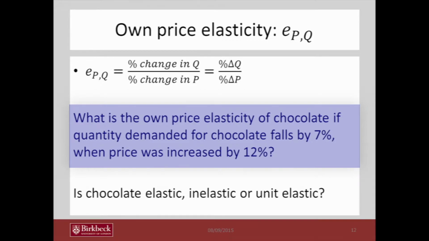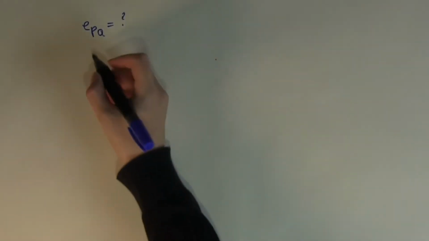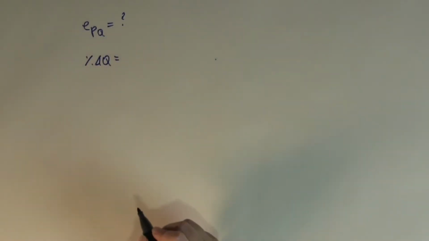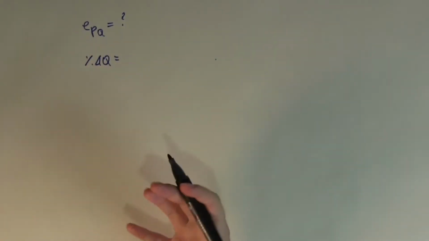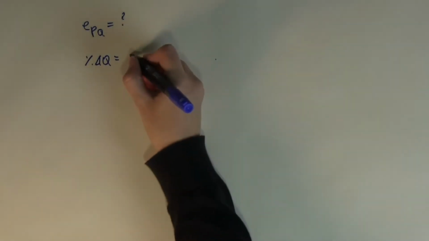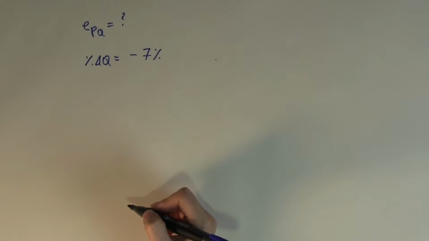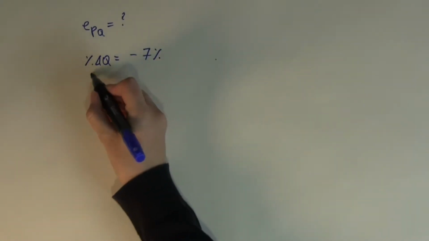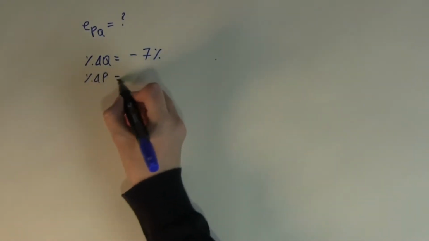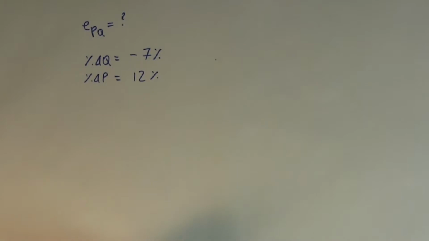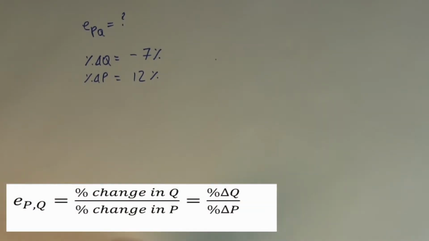So quantity demanded, that is the percentage change in quantity, and it falls or decreases, a negative change, so we have -7% in the percentage change of demand. And when the price changed, the price was increased, so it will be a positive change, and that is 12%.